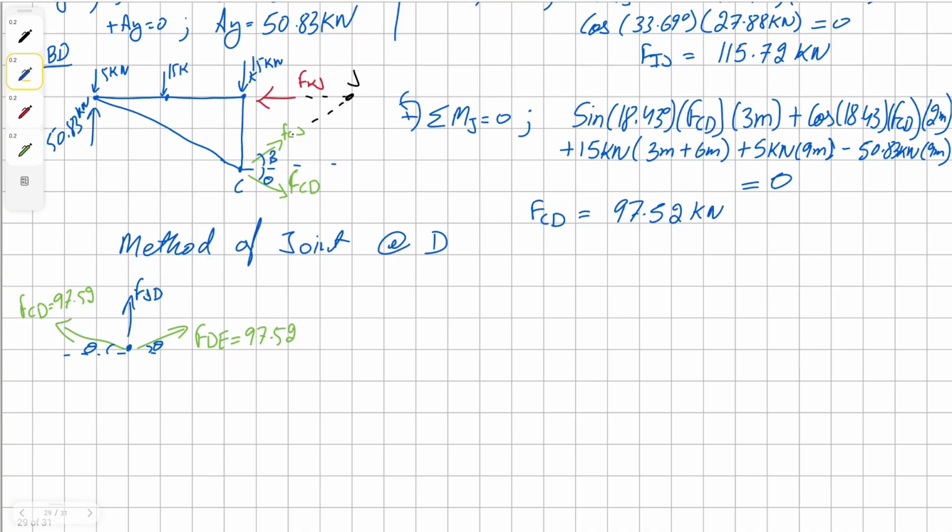Okay, so now to solve for JD, we can sum the forces in the y direction, and it should get us our solution for member JD. So we're going to have positive force for member JD or DJ, and we're going to need the vertical component of members DE and CD.